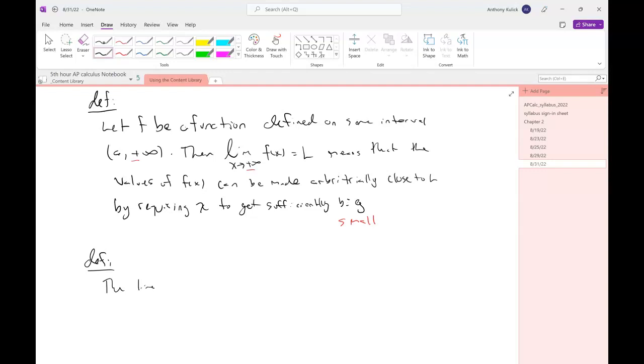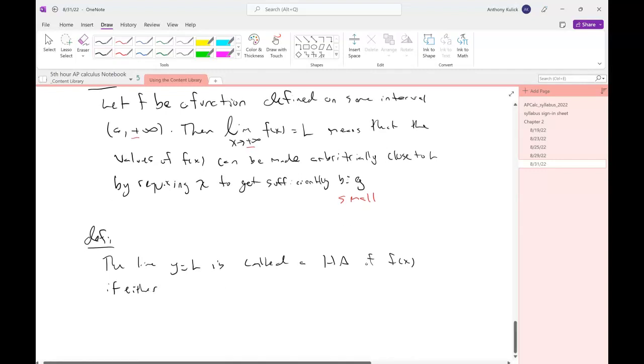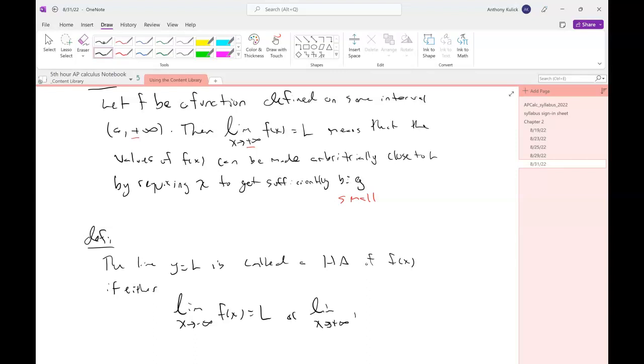We say the line y equals L is called a horizontal asymptote of f of x if either the limit as x approaches negative infinity of f of x is equal to L, or the limit as x approaches positive infinity of f of x is equal to L.